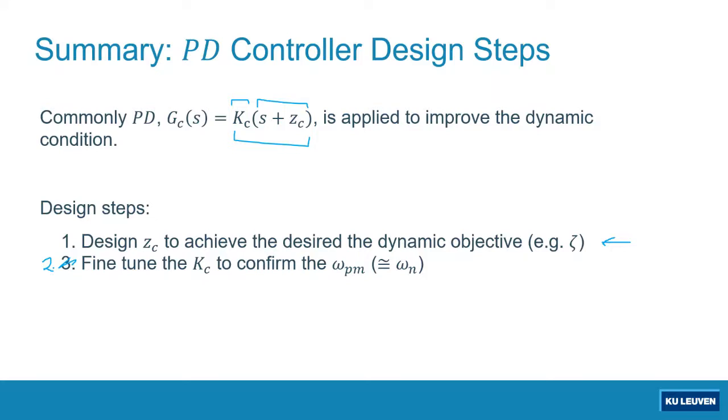How do we design a PID controller? Basically, designing a PID controller is just simply a combination of PI design and PD design. PID, proportional integral derivative controller, is just simply a combination of PI and PD controllers.